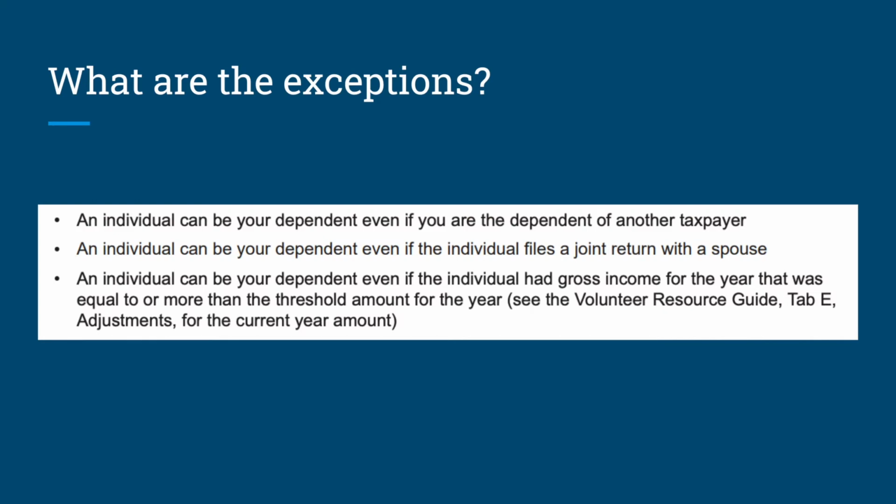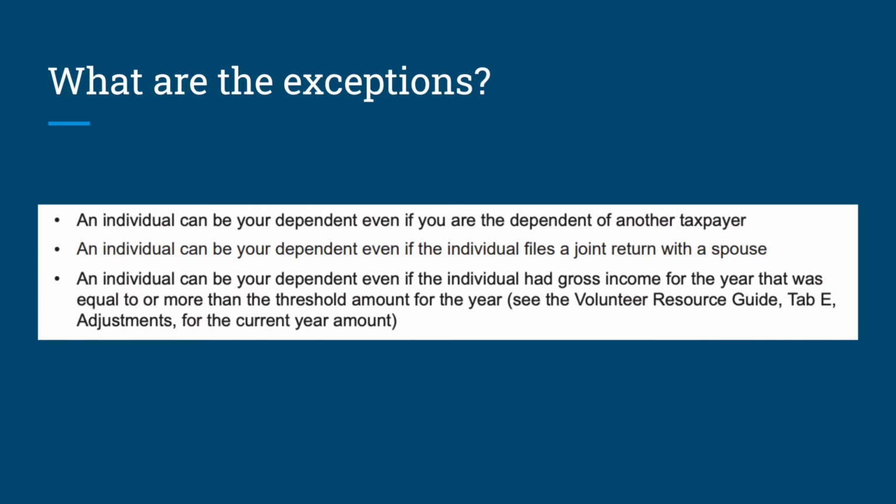And so what are some specific exceptions here? The IRS has a few exceptions that are important to note with regard to the student loan interest deduction. An individual can be your dependent even if you are the dependent of another taxpayer. An individual can be your dependent even if the individual files a joint return with a spouse.